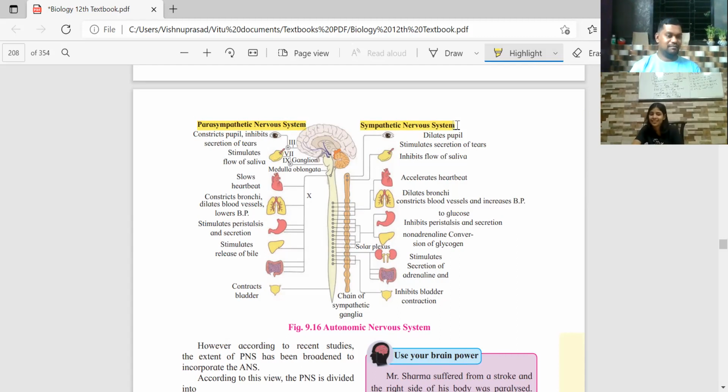Imagine a situation. Due to some reason, you are suddenly very scared. आपके साथ होता है life में, कभी अचानक से. At that point, just imagine what happens inside you. Tell me what happens to your heartbeat.